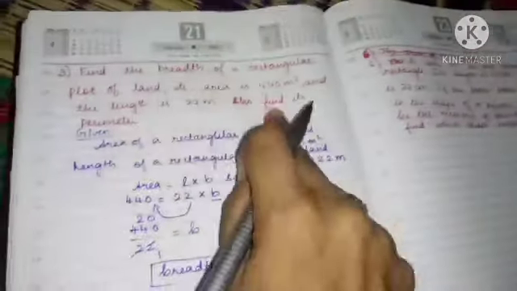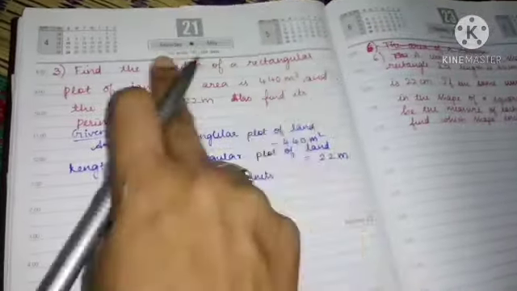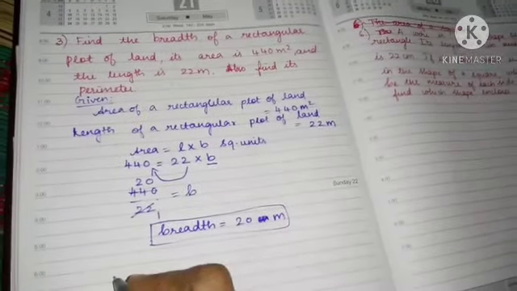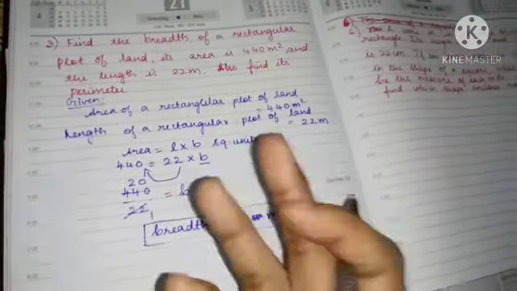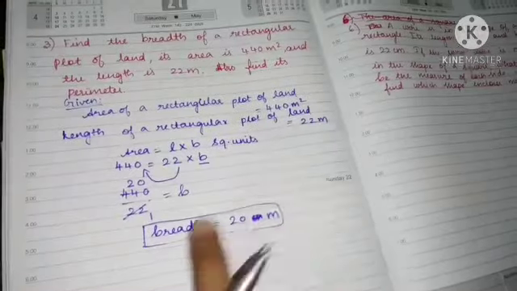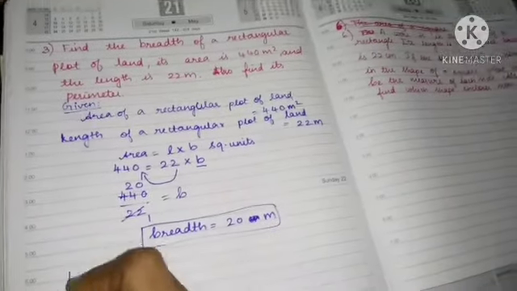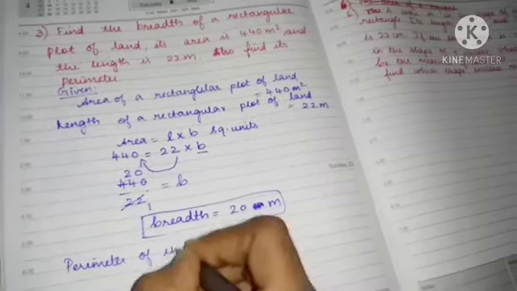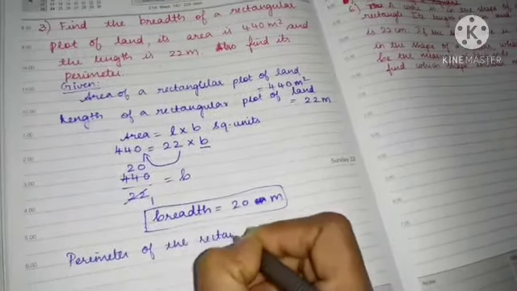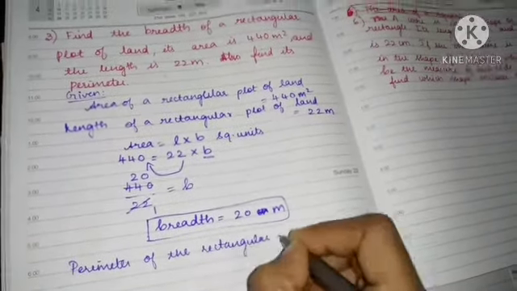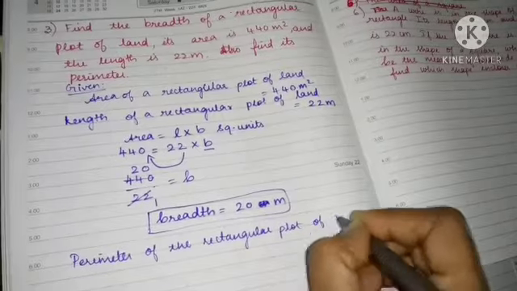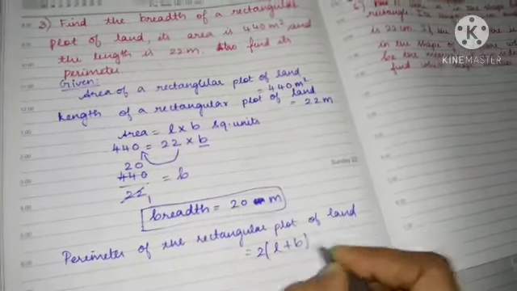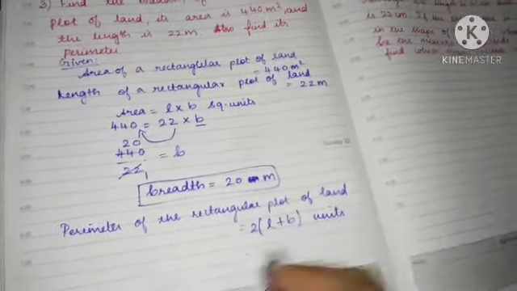Next, also find its perimeter. So for finding the perimeter, what are the values you want? L and B. L is given, B is given. That's all. So the perimeter of the rectangular plot of land is equal to 2 into (L plus B) units. This is your formula, right?